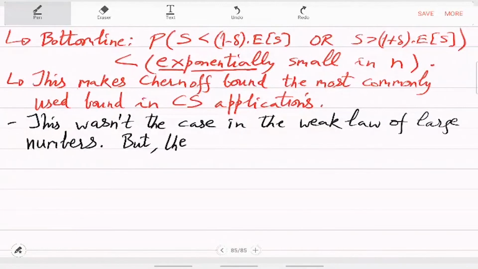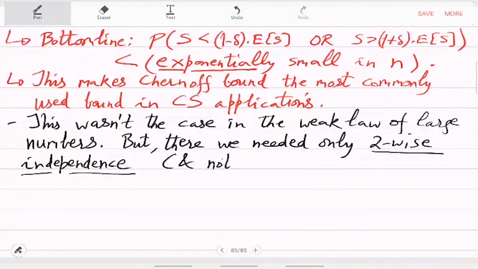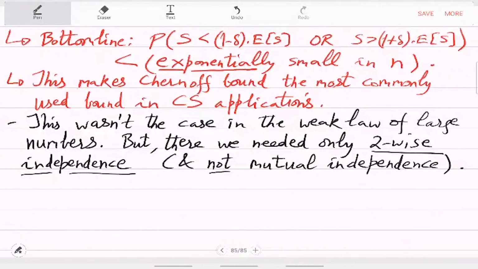But there we needed only two wise independence, and not mutual. So Chernoff bound is stronger because the assumption is also stronger. It's mutual independence, pairwise independence will not do.